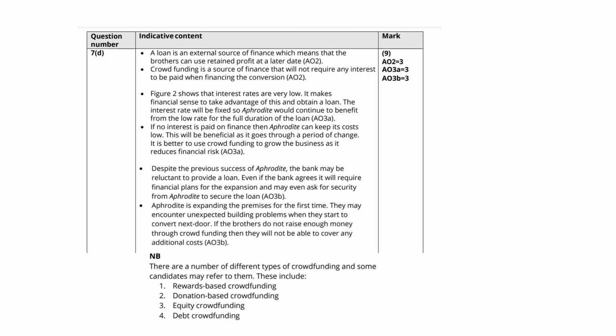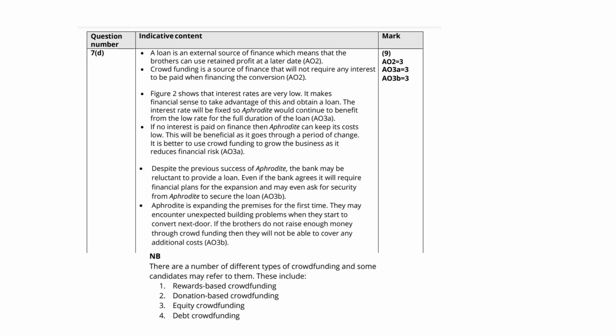The interest rate will be fixed, so Aphrodite will continue to benefit from the low rate for the full duration of the loan. If no interest is paid on finance, then Aphrodite can keep its costs low. This will be beneficial as it goes through a period of change. It is better to use crowdfunding to grow the business as it reduces financial risks.